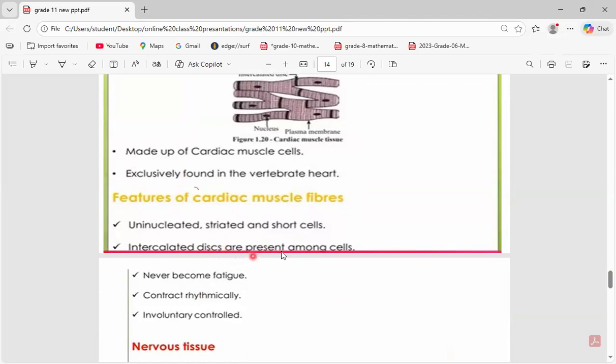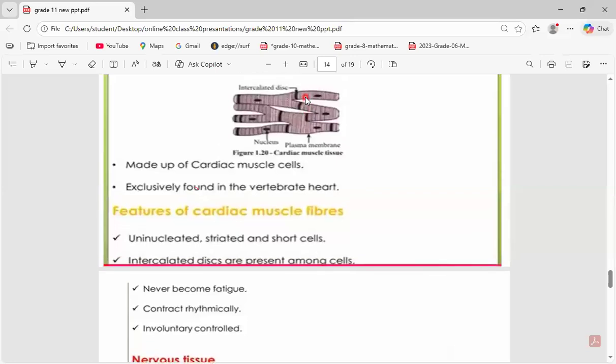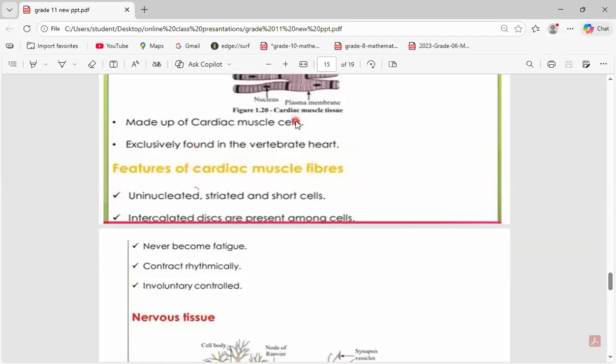Intercalated discs are present among cells. Here, if you see, there are these black colors in between the cells, and that we call discs, right? And never become fatigued. If it gets tired, it is equal to death. So cardiac muscle never becomes fatigued, and contracts rhythmically. You know it contracts and relaxes, one beat, lub dub like that.